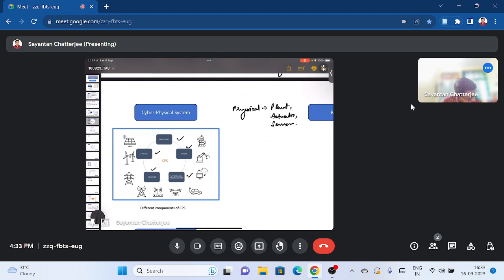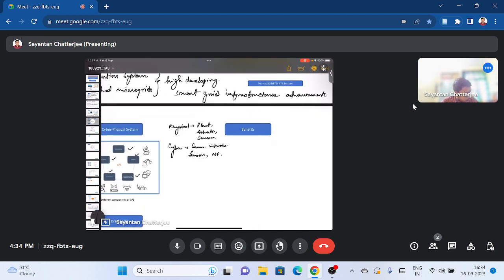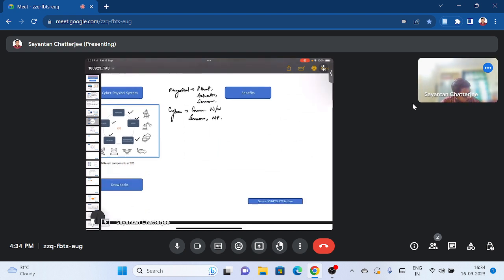Then, since it is a cyber physical system, in the cyber layer we have communication networks, some protocols, sensors, networking protocols, etc. So this is mainly the physical layer and the cyber layer.